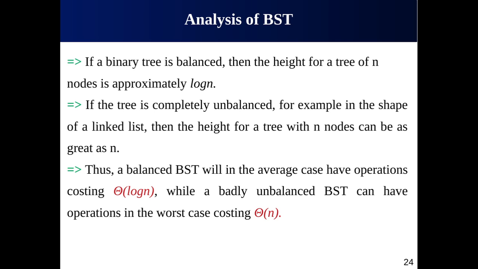The cost for finding an element and inserting an element in the binary search tree is the depth of the node found. Similarly, the cost for removing a node is the depth of the node being removed.